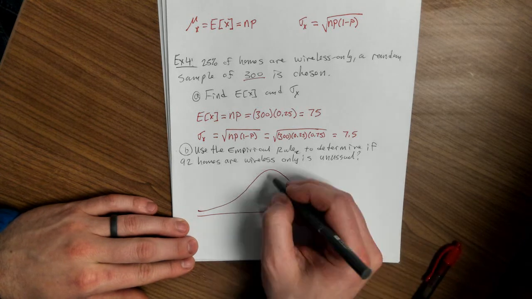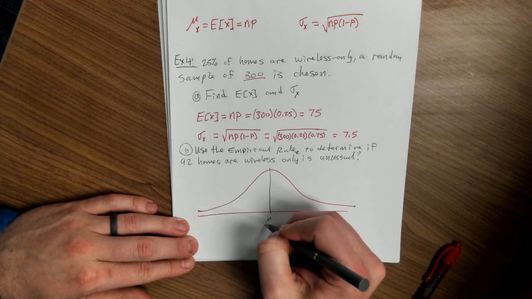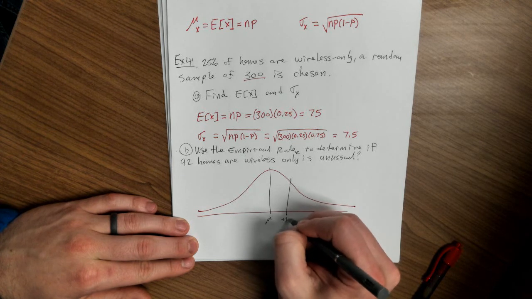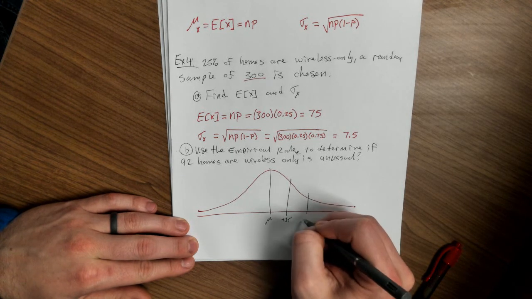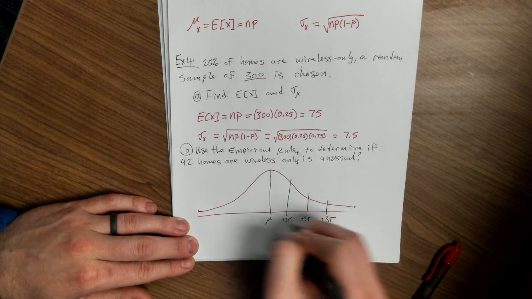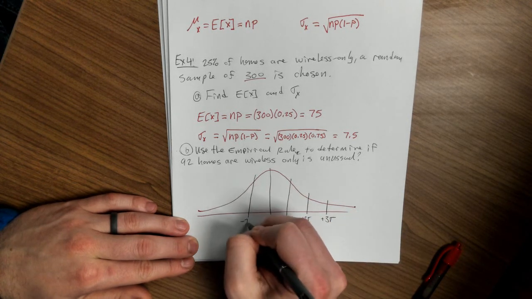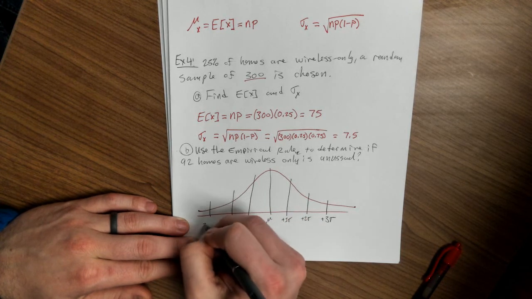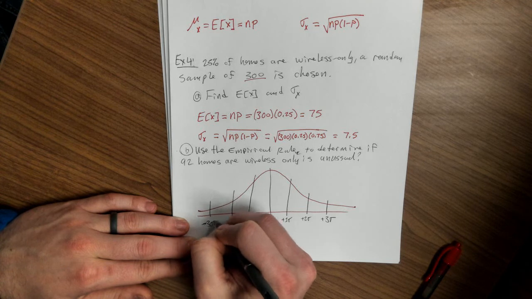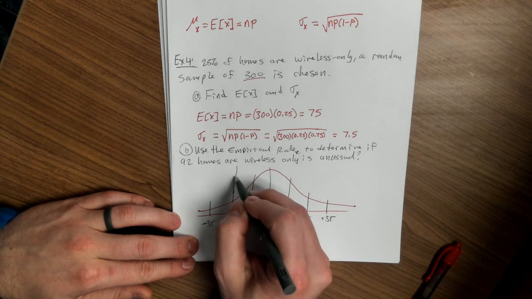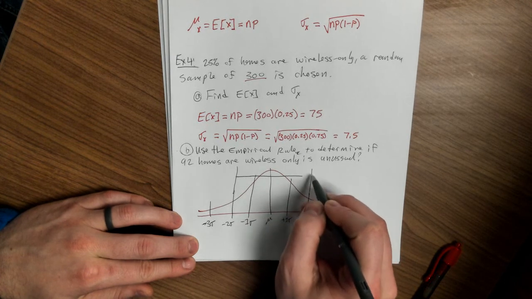and here's our mean, and I'm just going to say plus 1 sigma, plus 2 sigma, plus 3 sigma, minus 1 sigma, minus 2 sigma, minus 3 sigma. So what we care about here is this 95% range.